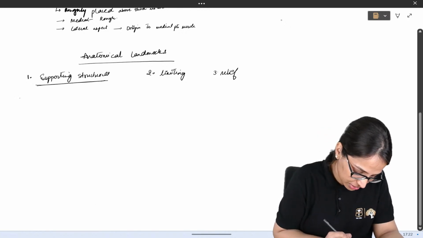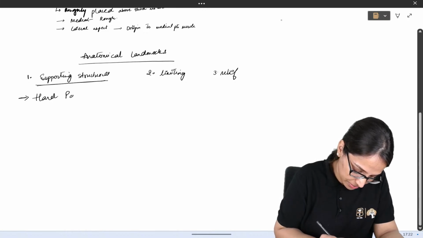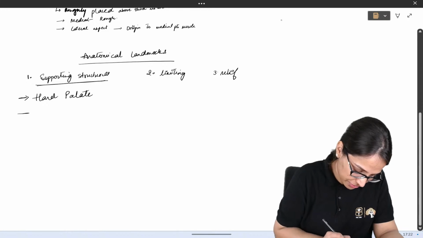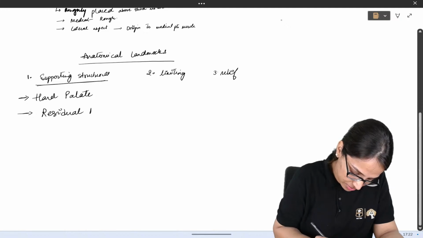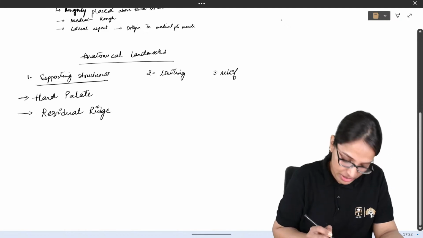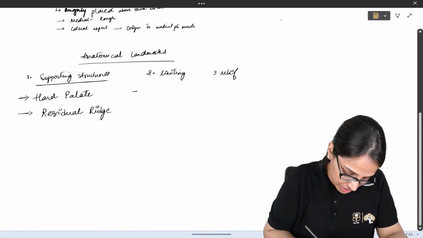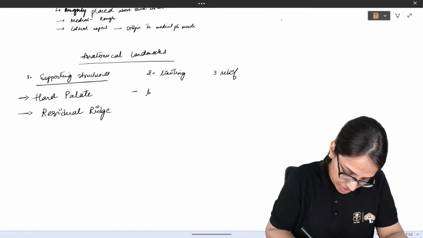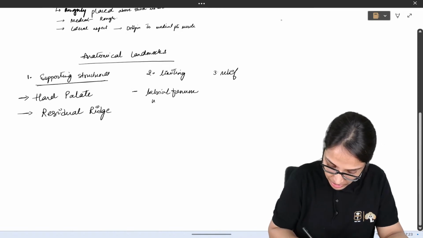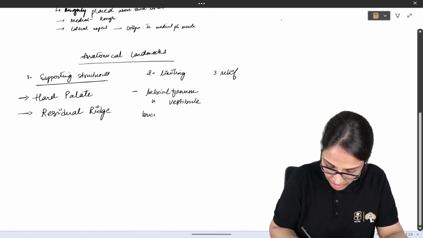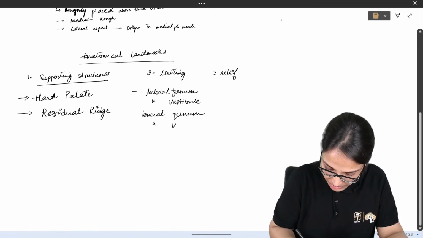The main structure for support is your hard palate. The second area for support is your residual ridge. These are your main supporting structures. As limiting structures, you have the labial frenum, then the labial vestibule. Similarly, you have the buccal frenum and the buccal vestibule.